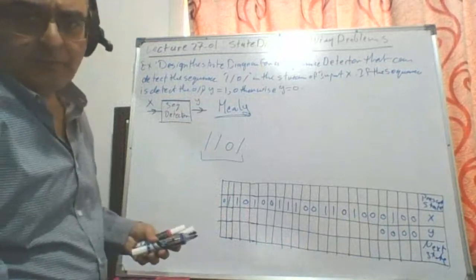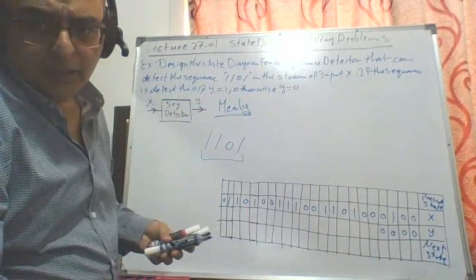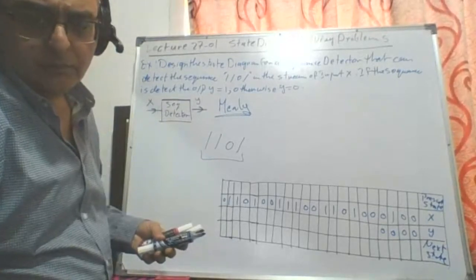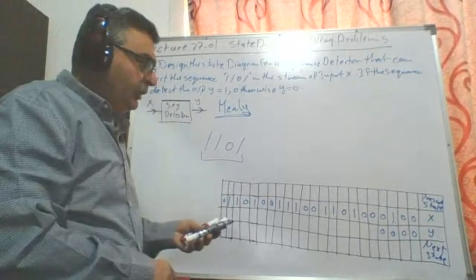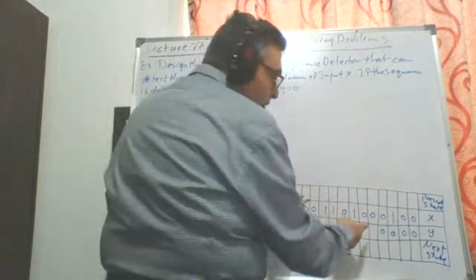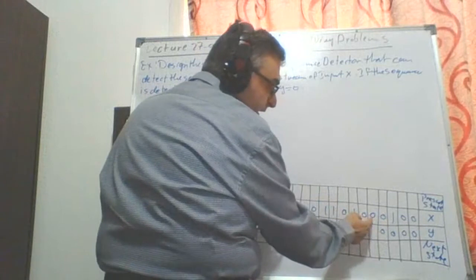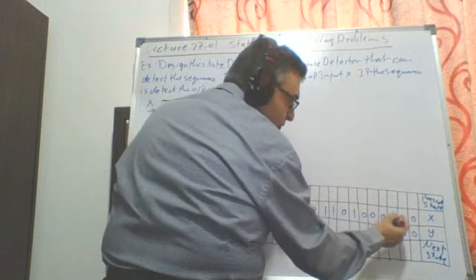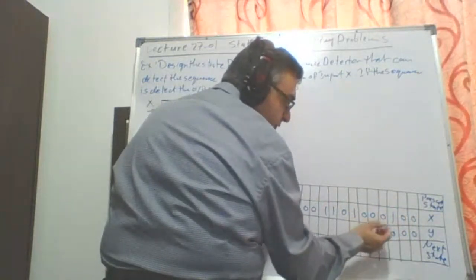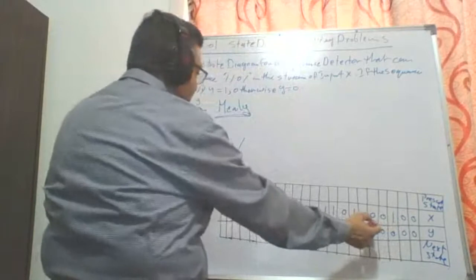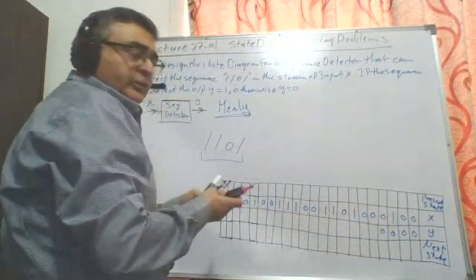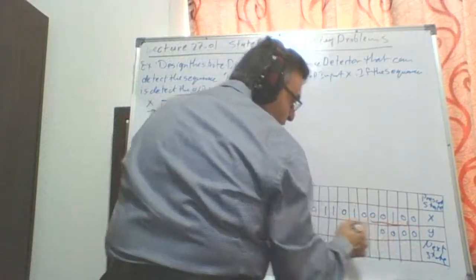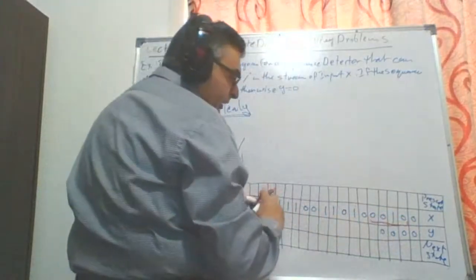So if I'm checking the history here, when I receive X equals 0, that means my history right now contains 0 1 0 0. Does this match the pattern here? The answer is no. So there is no match. You see this? There is no match.